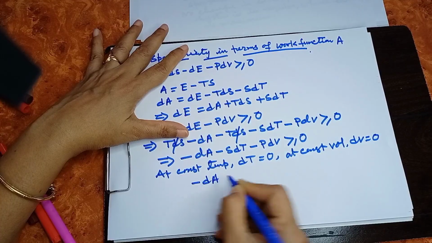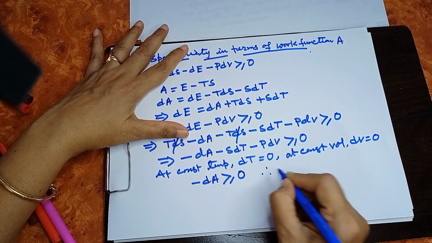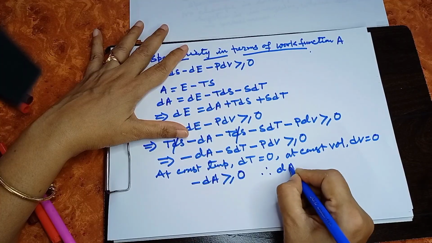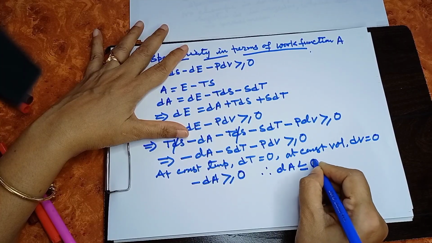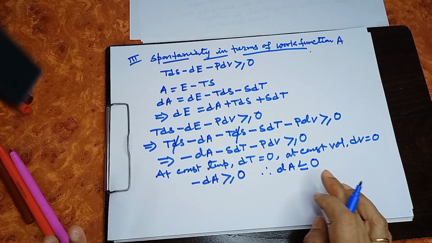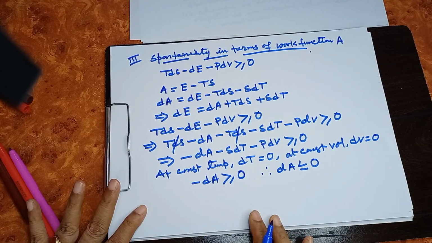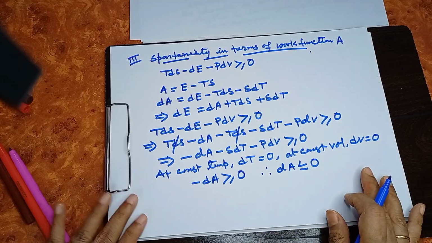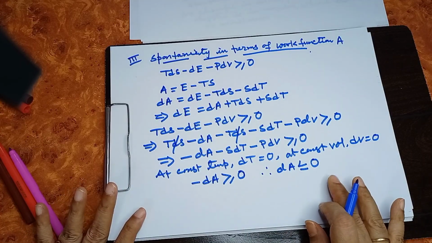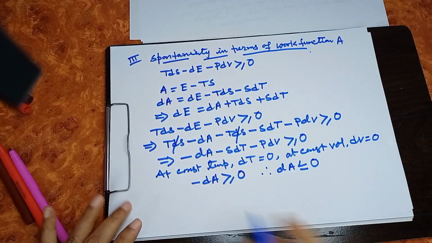Minus dA greater than or equal to 0. Therefore, dA less than or equal to 0. Less than means irreversible. So what is the conclusion? At constant temperature and volume, decrease in work function indicates irreversible or spontaneous process.